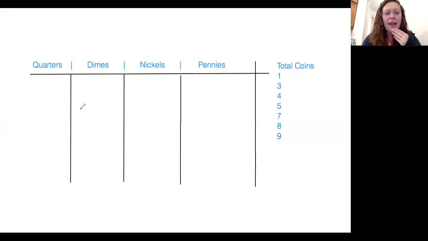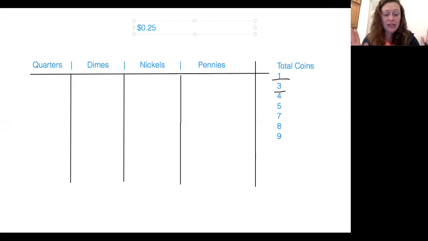Let's go to my whiteboard here, which I already have set up, ready to go. And you can see that I have quarters, dimes, nickels, and pennies. And the total coins are 1. Let's say we are going to talk about 25 cents.